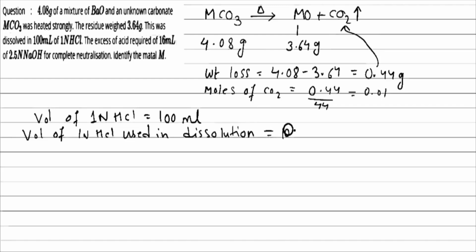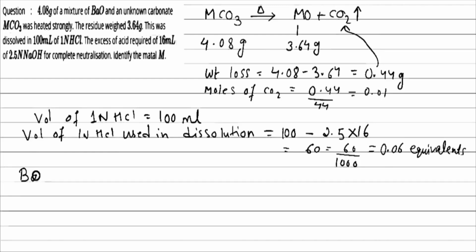Simply 100 minus 2.5 × 16, since the normality and volume of NaOH are given in the question. On solving this, we get 60, or 60 upon 1000, that is 0.06 equivalents.